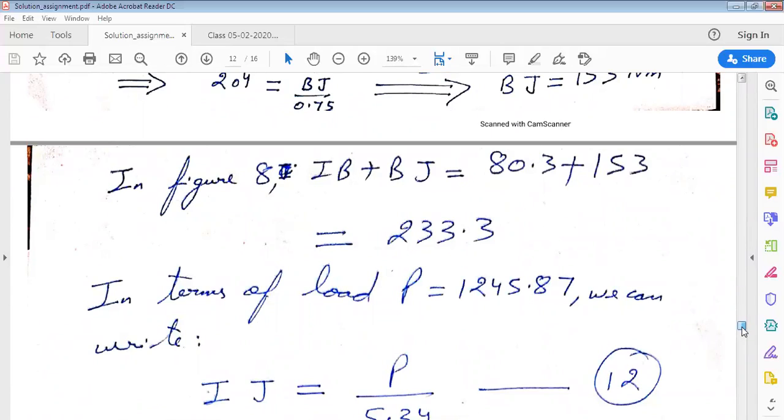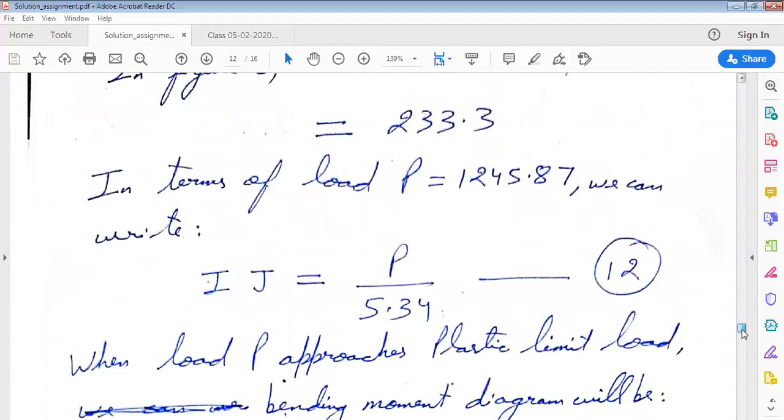Now, if you want to express IB plus BJ in terms of load capital P, then IB plus BJ equal to IJ can be written as P divided by 5.34.